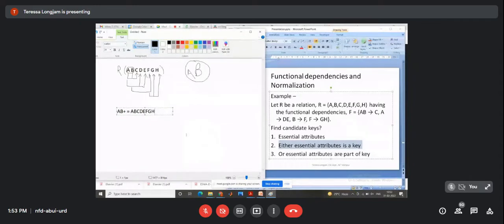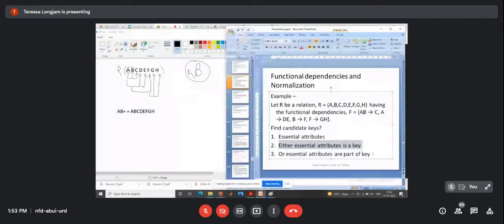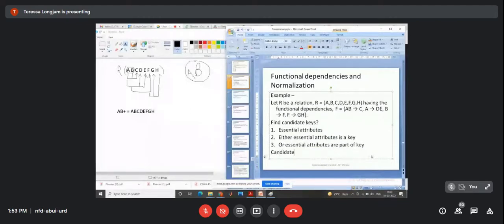That means AB can determine all the attributes that we have in R. So we can now conclude, here I'll write the answer: the candidate key is AB. There is going to be a single candidate key here. You can have many candidate keys in a relation, isn't it? For this example, there is going to be a single candidate key, and that is AB.